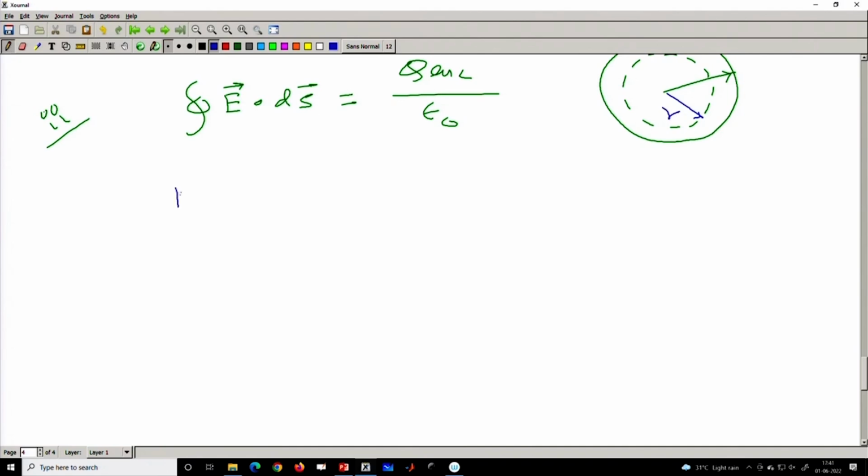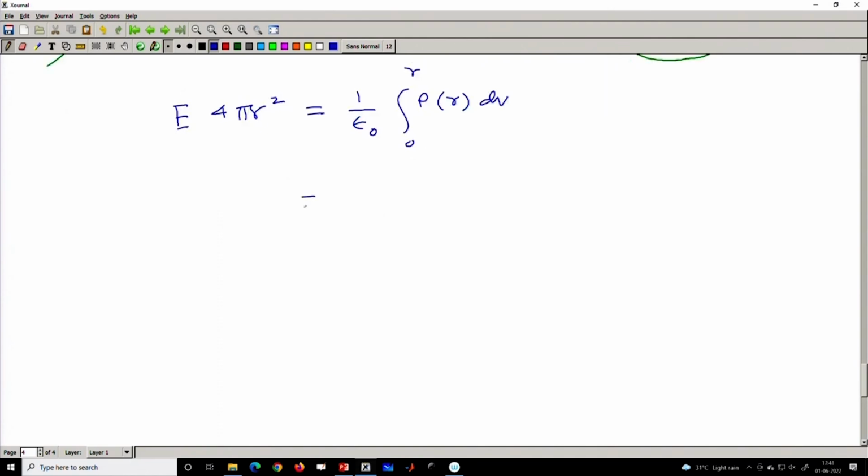So, E times 4 pi r square, that should be the charge enclosed. So, charge enclosed I need to calculate. So, it should be rho at that point over the dV from 0 to r. So, that quantity times 1 divided by epsilon naught, and rho is given.